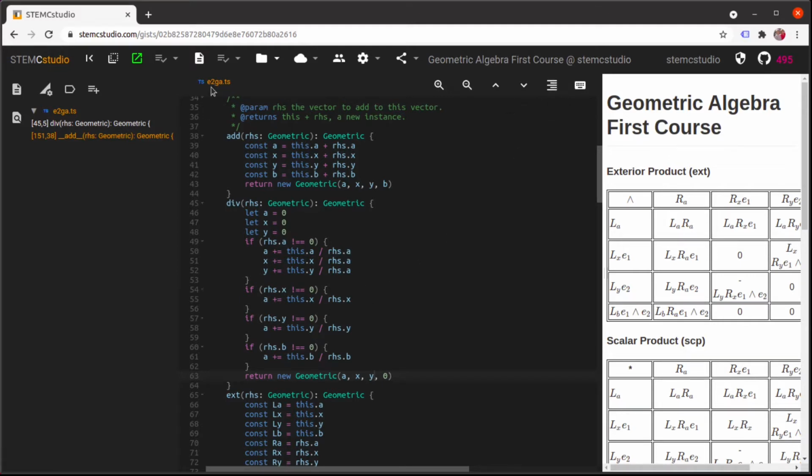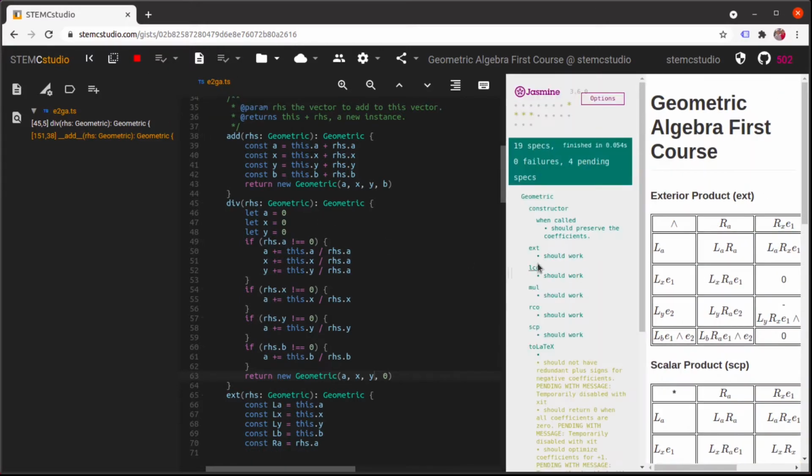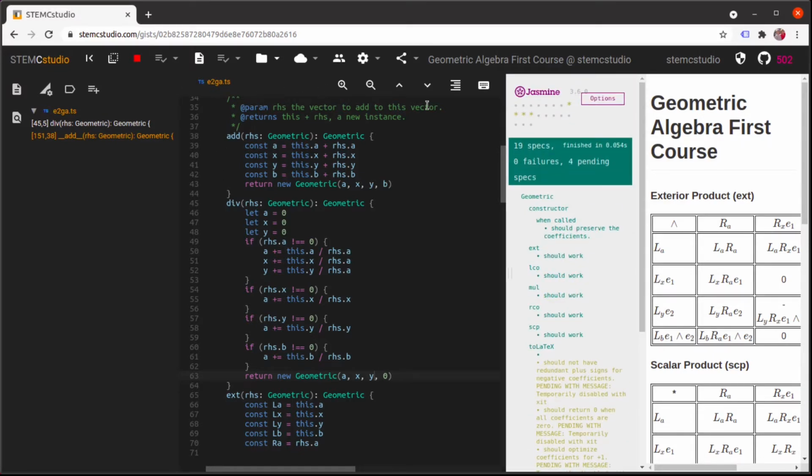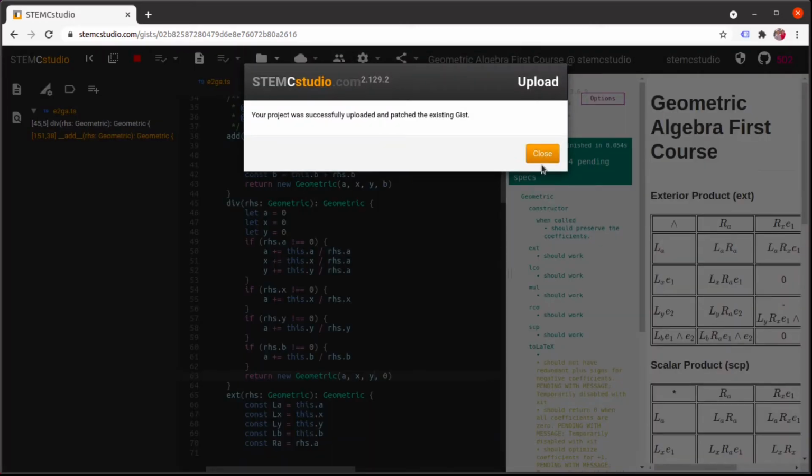I'll format that, and this should not break any existing tests. I run my tests, and we got no failures. I really should have a test for that, but I'm not going to do that right now, just to keep the other video going.